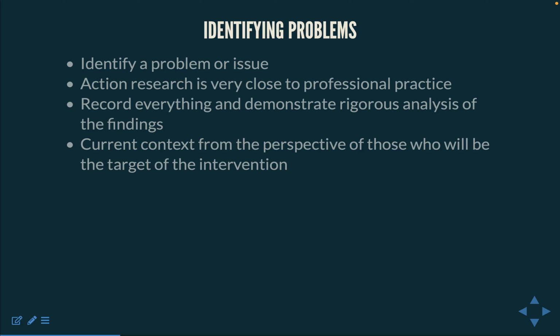Another form of data that will be needed at this stage comes from your users. Before designing an intervention, it will be necessary to establish the current context from the perspective of those who will be the target of intervention.